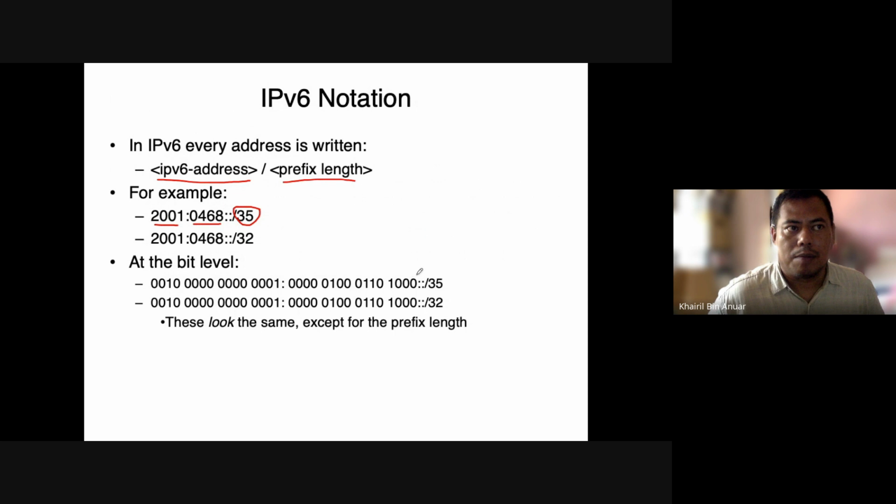Here is 32. But basically, this can extend up to 35 to represent the network, whereas here 32 means that this will represent the network itself. So it looks the same except that the prefix length would be different.